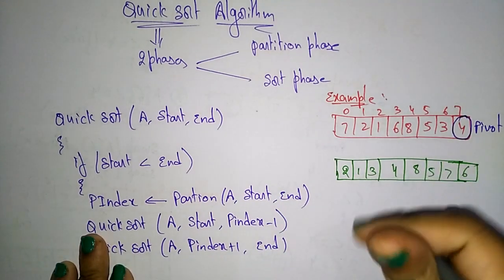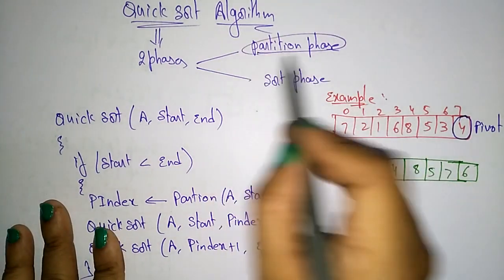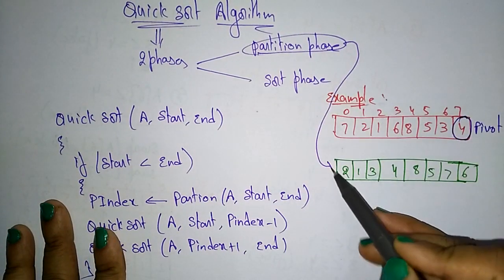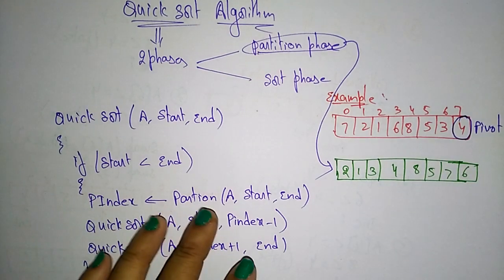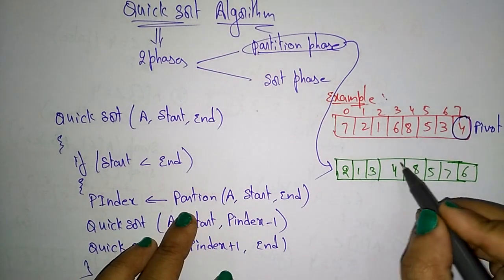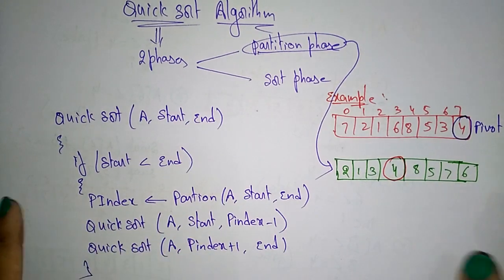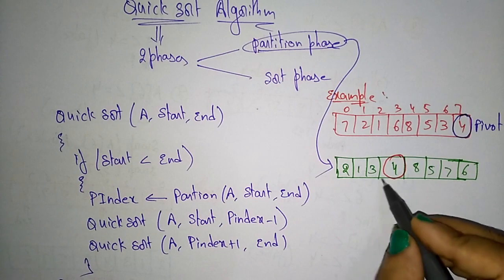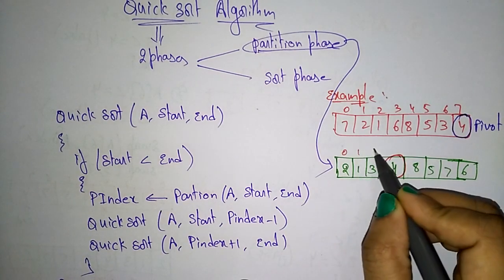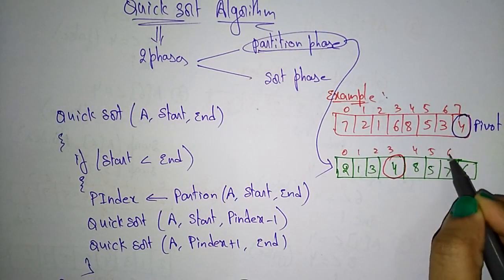So already with the help of the partition phase, we just found this array. Now we have to sort this array by using the pivot element. Here 4 is the pivot element. This is 0 1 2 3 4 5 6 7.